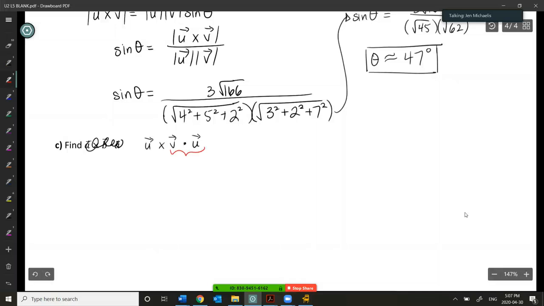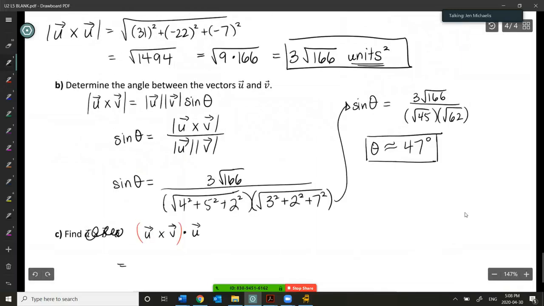So if we think about this logically, if I did this piece first, I would actually get a scalar from that dot product, and then I wouldn't be able to cross vector u with that resulting scalar. But if I do the cross product part first, I'm going to get a vector, and then I should be able to dot that with vector u.